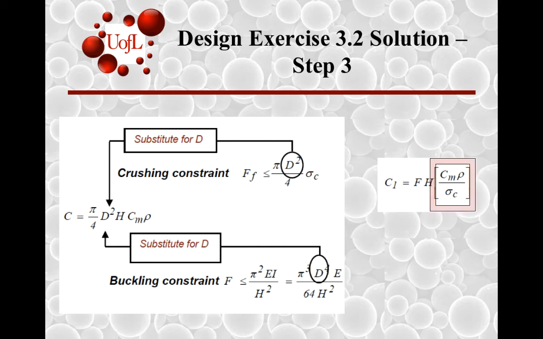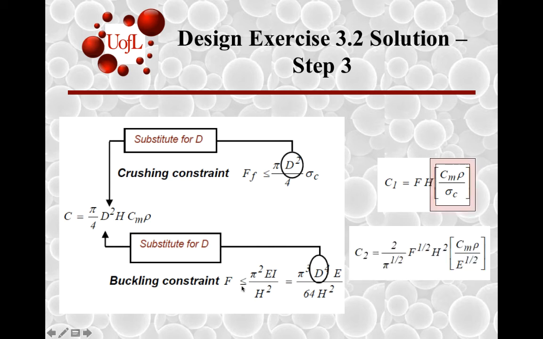In the second case, based on the second constraint, you will basically have C2, if you simplify this expression over here as this whole equation, where the cost index or the performance index based on just materials is Cm rho divided by the square root of the modulus. So somewhat different, these two.